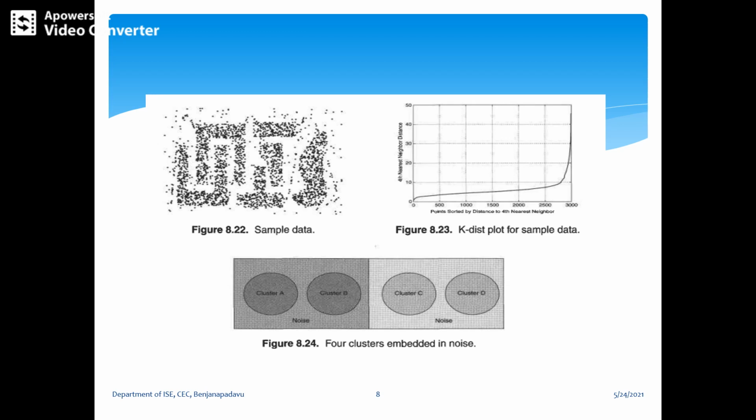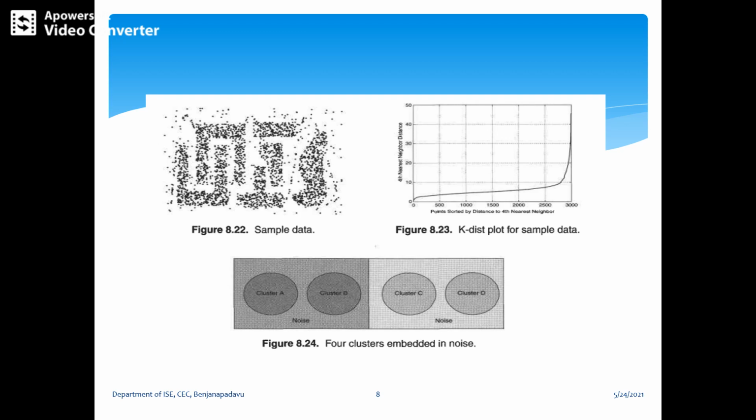This is for the selection of the parameters. The sample data with the k distance graph of the data is given in figure 8.23. The value of EPS that is determined this way depends upon k, but does not change dramatically as k changes.